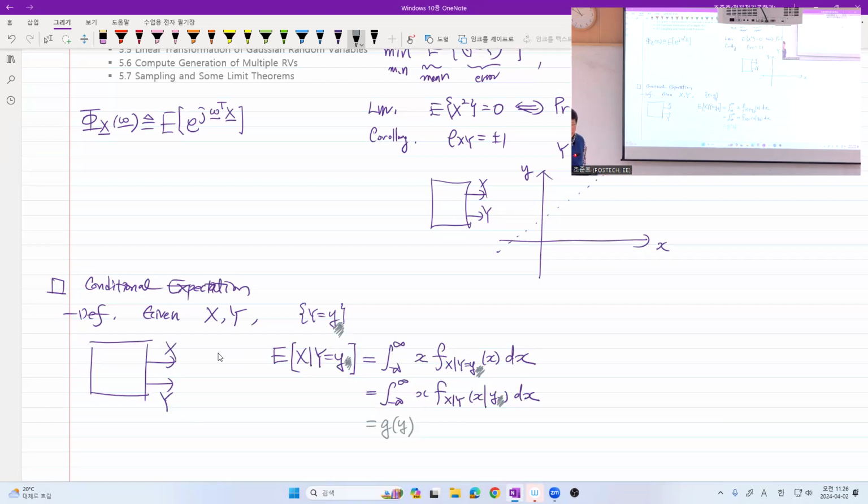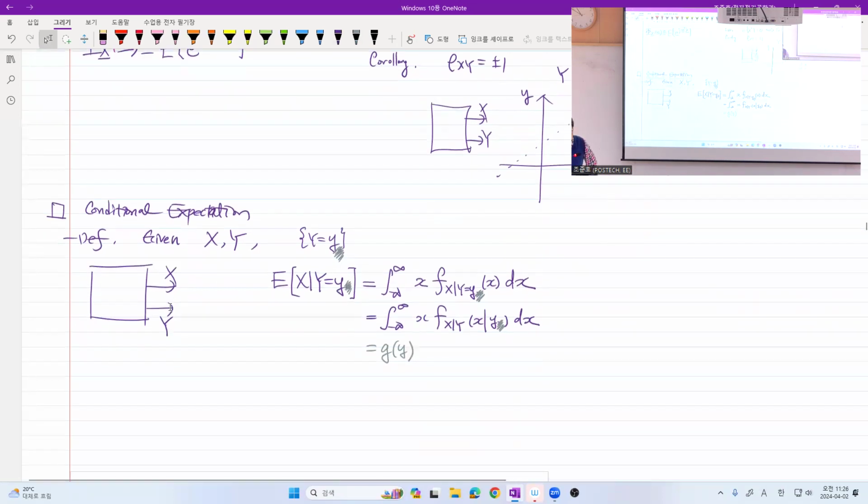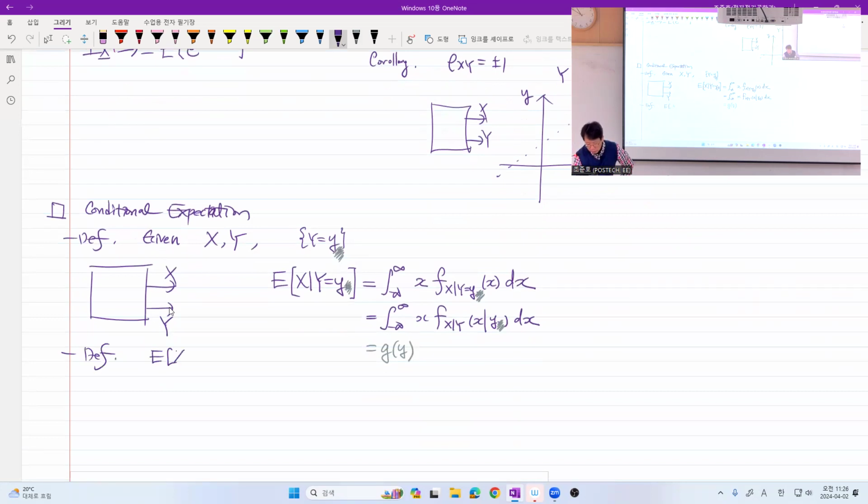The reason why I'm talking about this is due to this strange notation. When I first saw this notation, I thought that I already knew this. But actually, it was something which I was not taught. See the notation carefully.